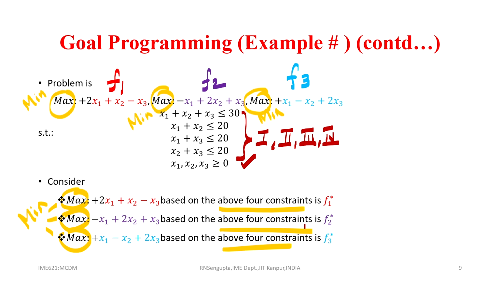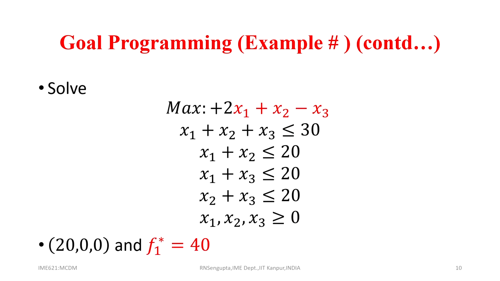So, when you consider these constraints, the solutions of the objective functions separately for the first, second, third are F1 star shown in red color, F2 star in violet color, F3 star in blue color. Now, let us solve it.